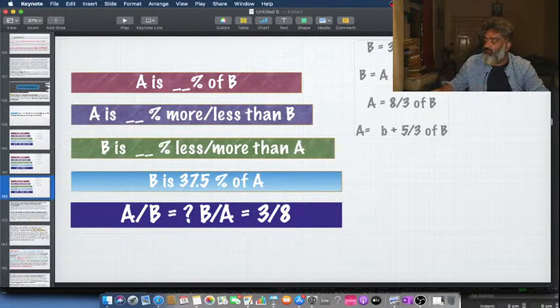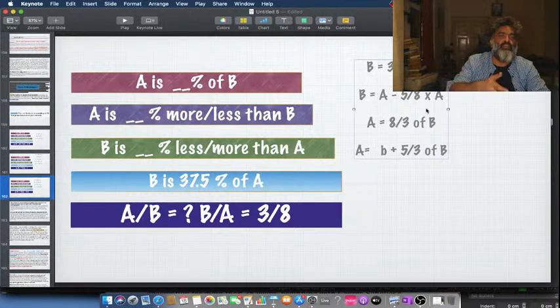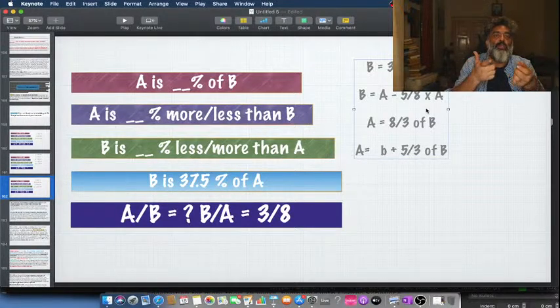Are we okay with the game? Yes, B is 62.5% less than A. Is everybody okay with this? Now, if you have made it so far, if you start from the beginning, then it becomes automatic that you will understand.